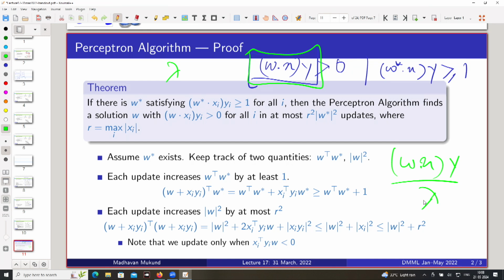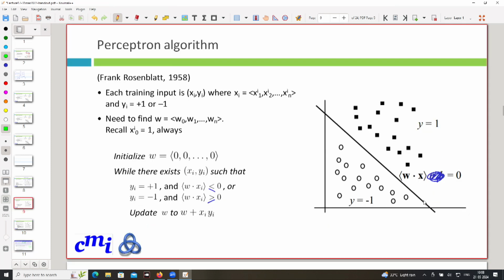So, suppose we have this, then the claim is about the perceptron algorithm, so let me remind you of it once. Whatever w you have, you run through the data set. Here xi is a vector and yi is the label. If any particular data point is misclassified, then just add xi times yi to w.